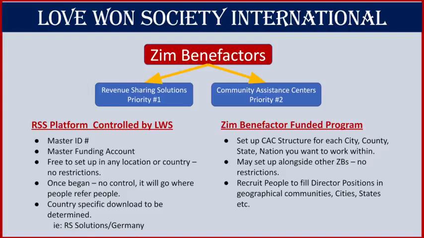That's what it's for. So it's basically to disperse the revenue to the general public from the Zim benefactors. So the beneficiaries are the receivers of the money, and the benefactors are the givers of the money. Is that what I'm understanding? Yes, that is true.